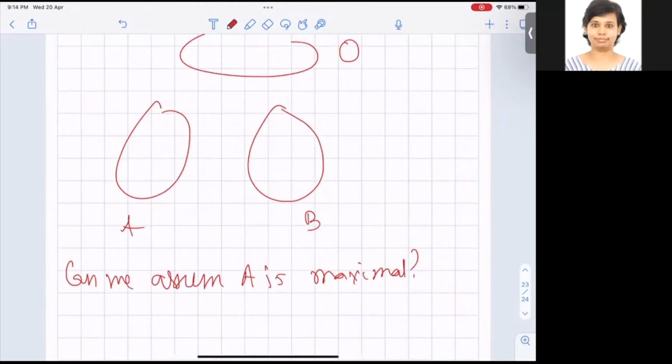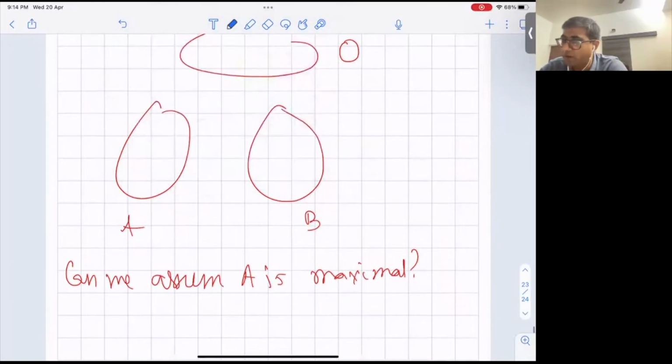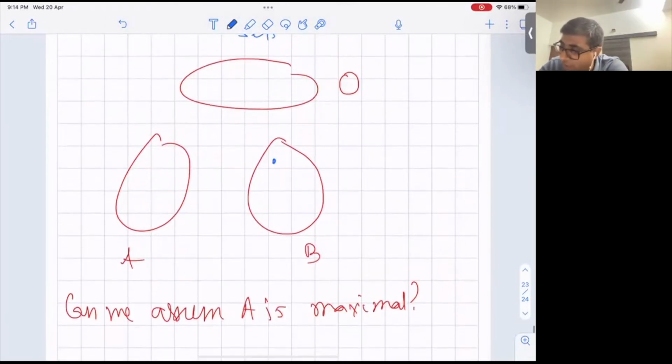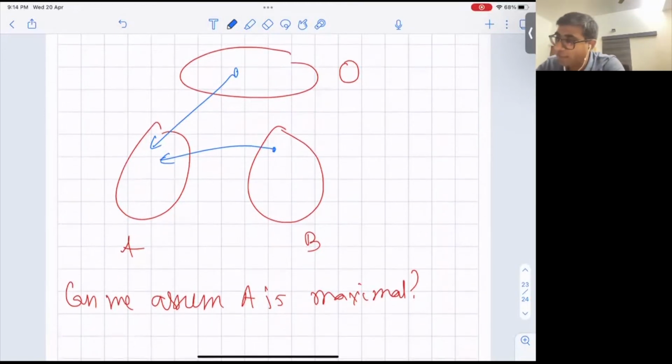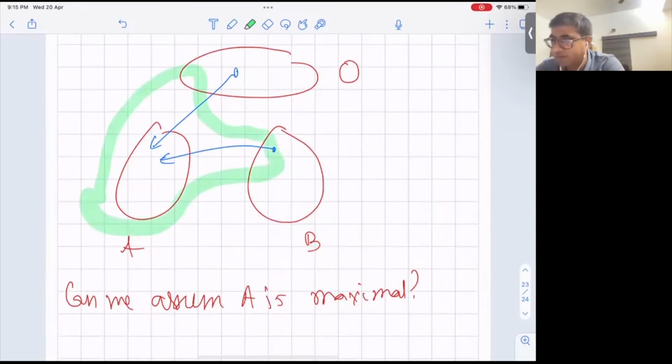Yes. Okay. Why? Because if A is not maximal, meaning what? I can add some vertex from here, or I can add some vertex from here and make it maximal, right? What is the meaning of maximal? A set A of independent set is not maximal because there is some vertex outside which can be added to A, right? So if I do that, what will happen? Only thing could happen potentially is that A becomes bigger, but the size of O can only decrease, it will not become more.